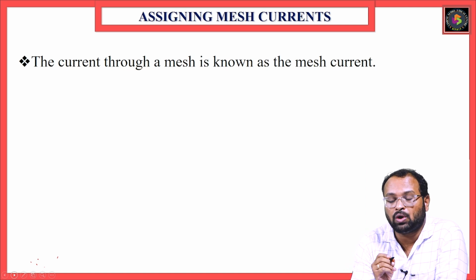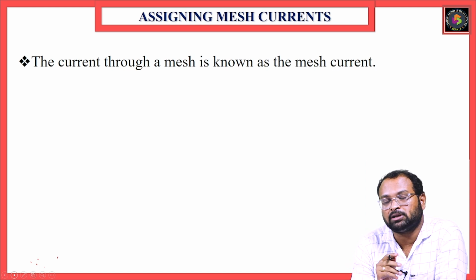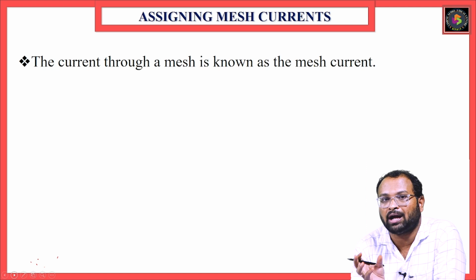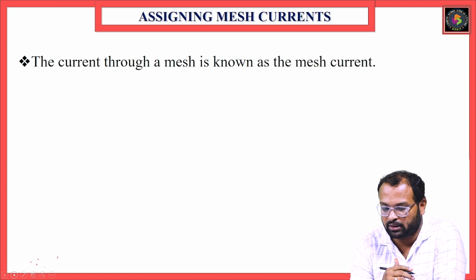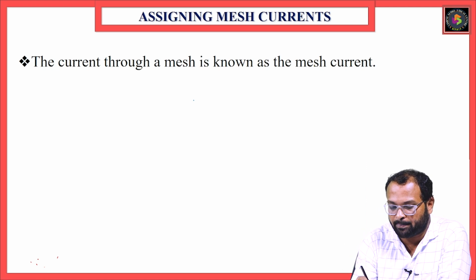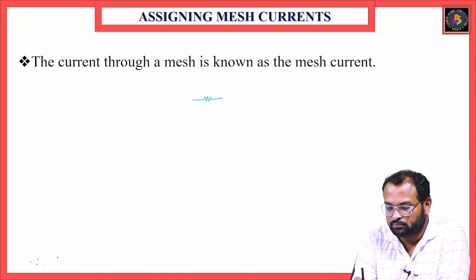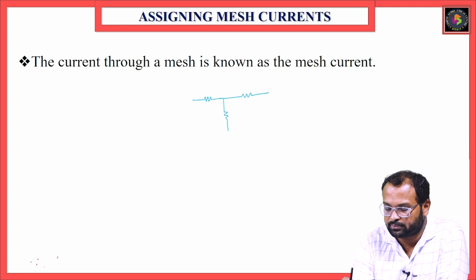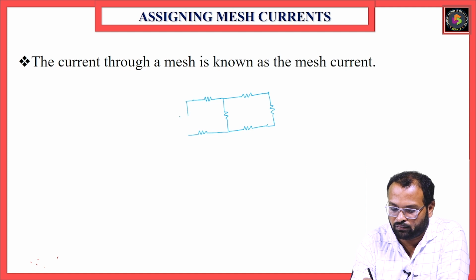So we have to assign the mesh currents. However many meshes there are, that many currents, that many variables we have to take. Like if you take the previous example, we have resistors and one voltage source.